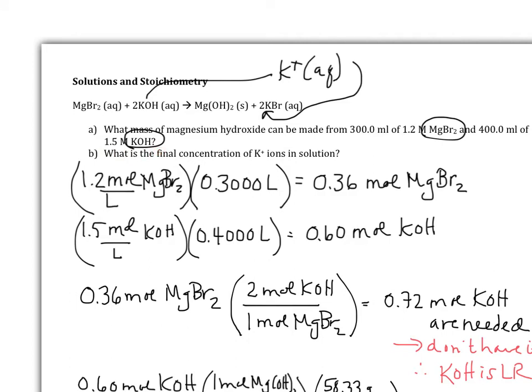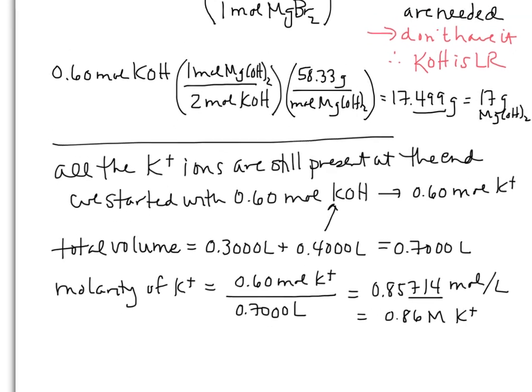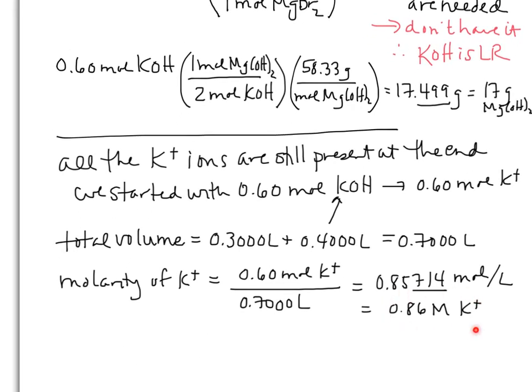In other words, 1.5 molar potassium ions, K plus, per liter. Because we essentially diluted this by adding 300 milliliters of other stuff, now we have a lower concentration of K plus than what we started with. And that makes sense because it's the same number of moles of K plus in a larger volume, so it's more dilute.